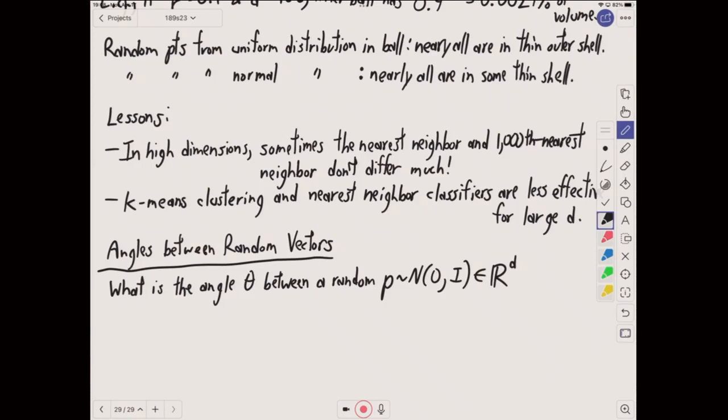So what's the angle between our random vector in d-dimensional space and the second vector? Doesn't have to be random. Any arbitrary vector at all suffices for the reasoning that I'm going to use here. So Q may or may not be random. Doesn't matter.